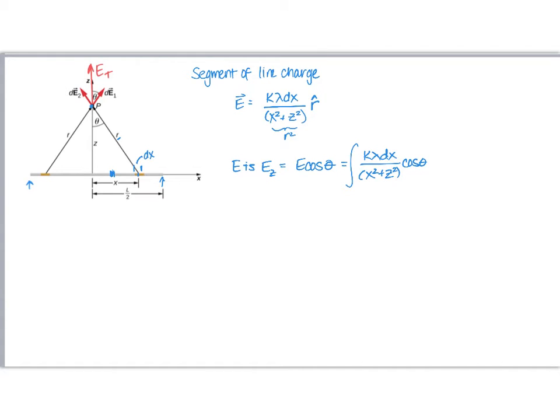So the cosine of theta is not a constant term, but I want to write it in terms of my x and z and other variables that I'm working with, because in order to do my integration, everything has to be in terms of just one variable. If I look at over here, the cosine of theta could be written as z over r, or z over the square root of x squared plus z squared. So I'm going to use that to rewrite this expression.